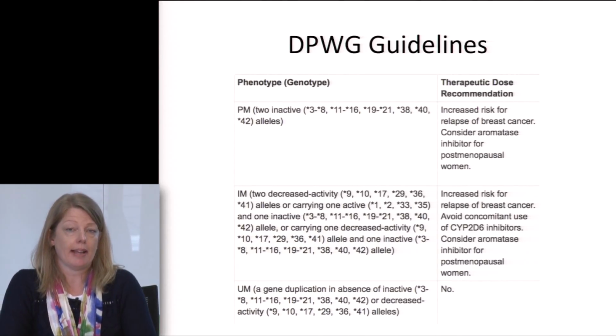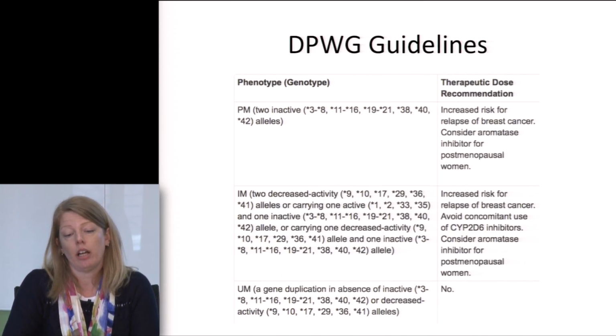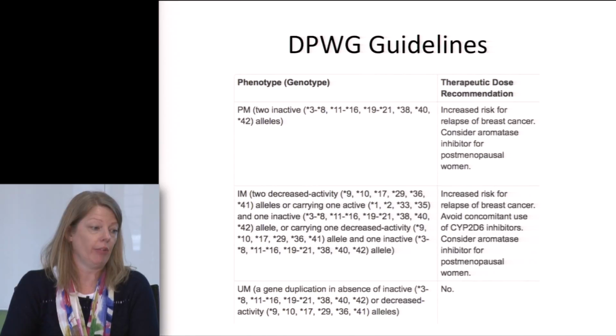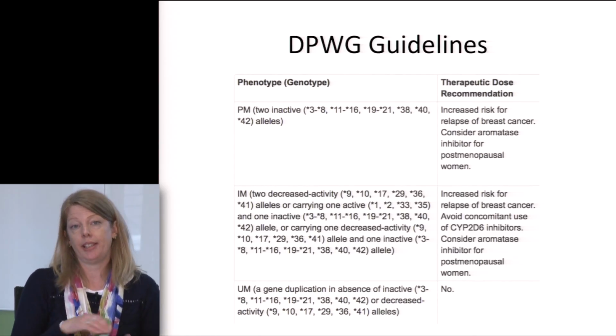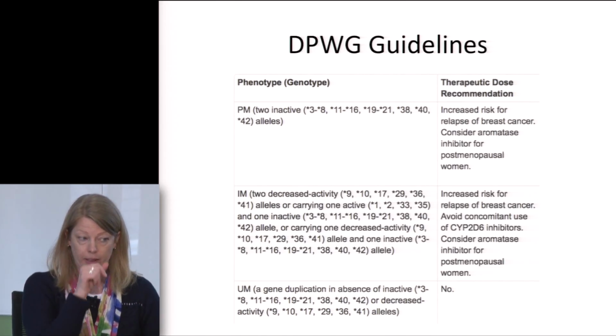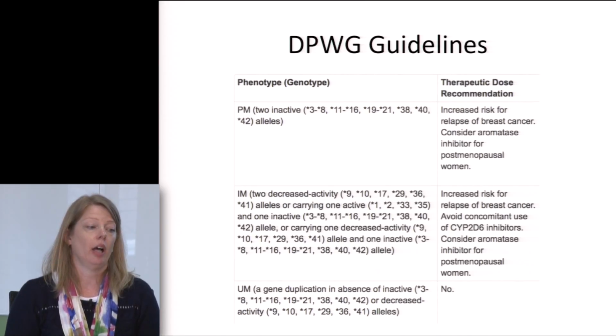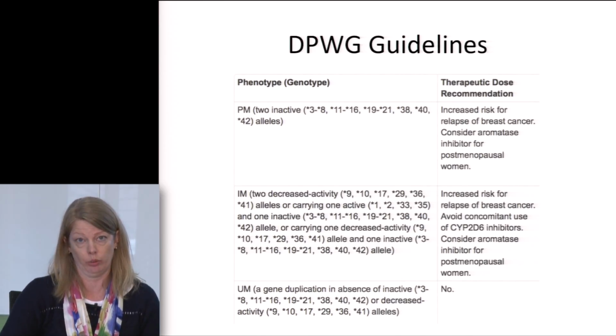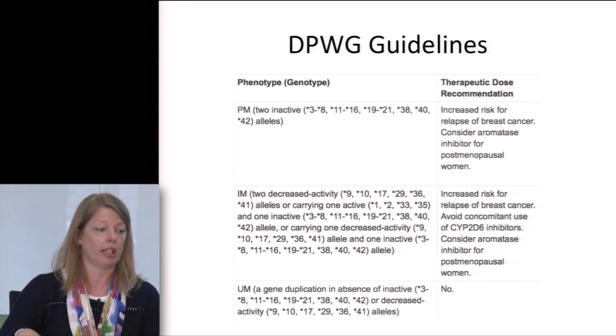The DPWG has still written guidelines for how you could use CYP2D6 genotypes when dosing tamoxifen. They recommend for poor metabolizers and intermediate metabolizers, so people who don't have the normal metabolizer status, a little bit less than them, that they get an additional drug, an inhibitor, along with tamoxifen, because they're at risk for having decreased benefit from the tamoxifen alone, because they can't metabolize as much tamoxifen.